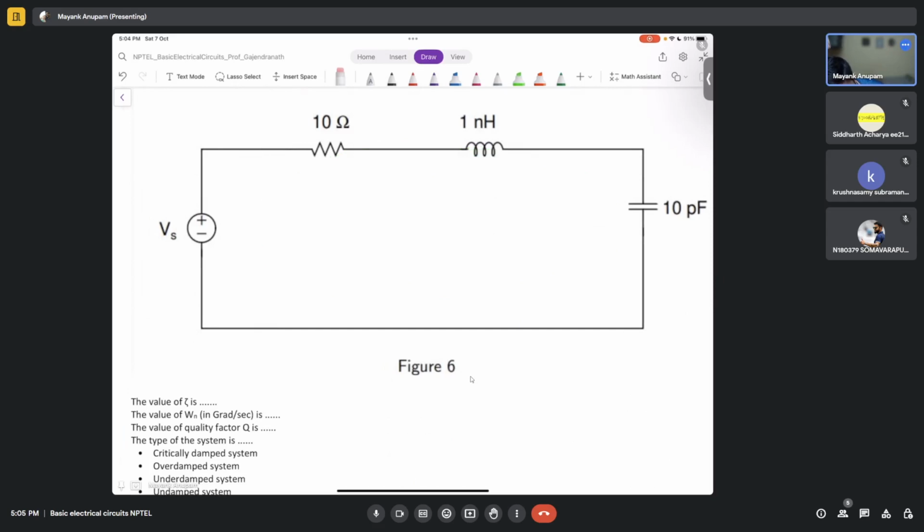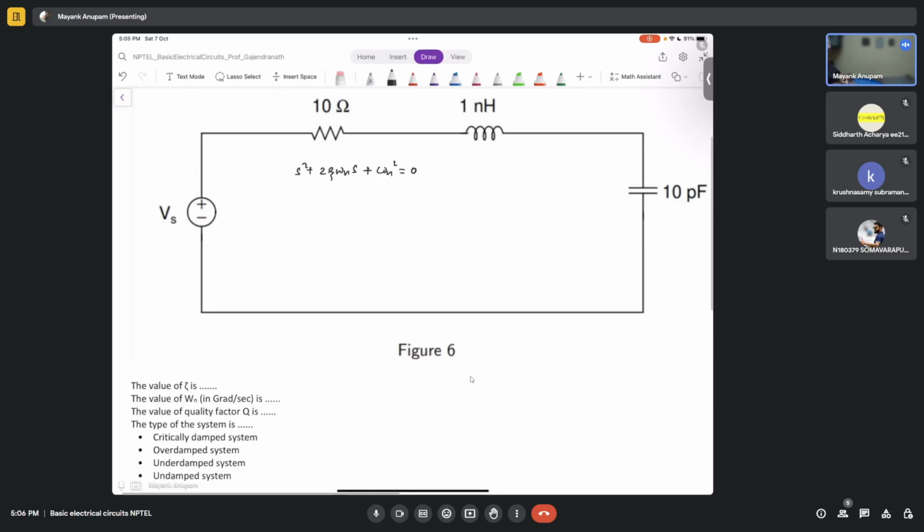Now tell me, for series RLC, again the equation is the same, right? So it is s square plus 2 zeta omega n s plus omega n square equal to 0. What is omega n here? 1 over root LC. What is zeta here?